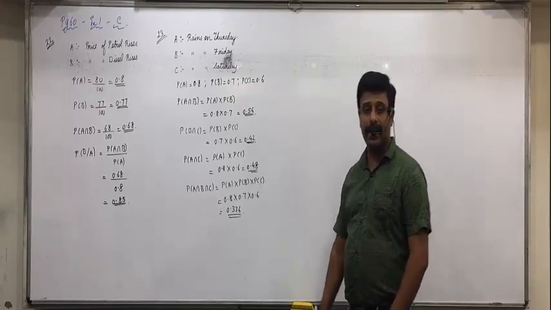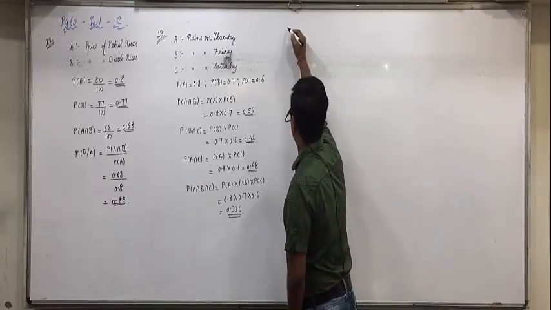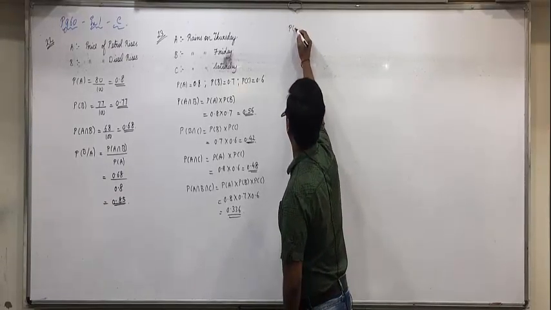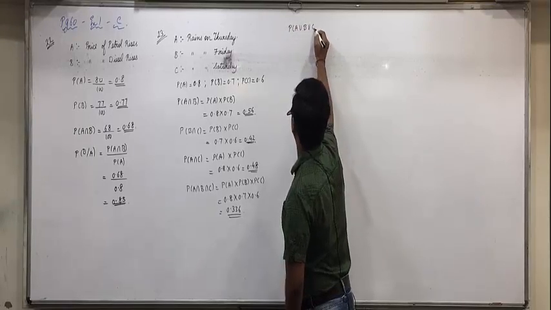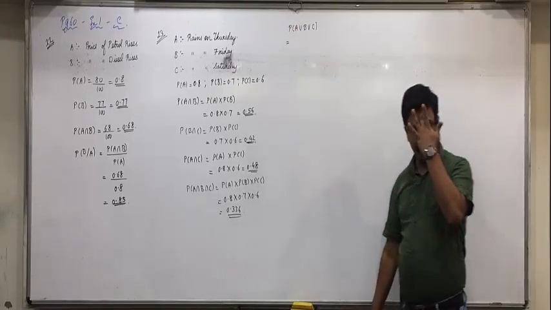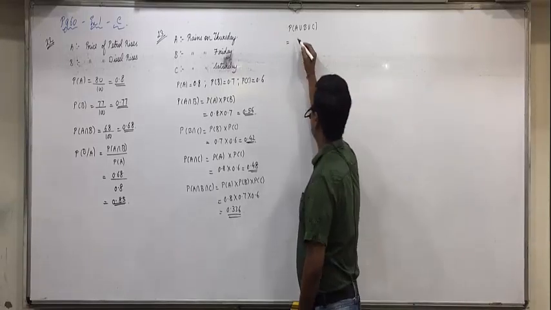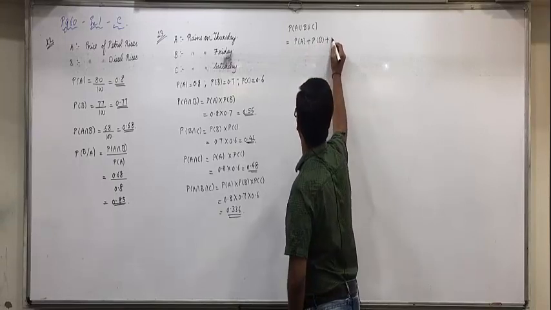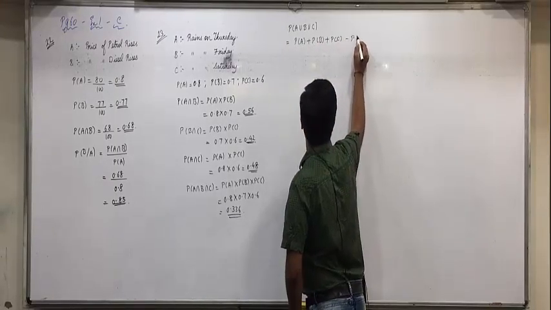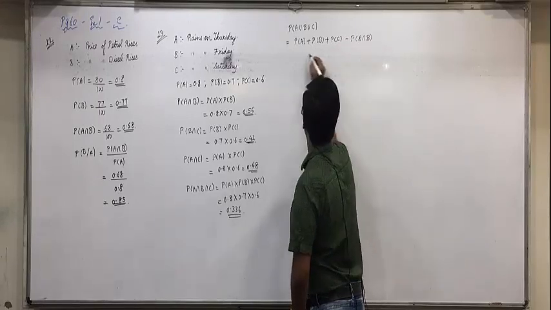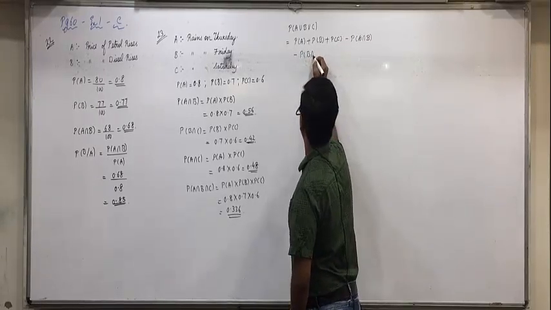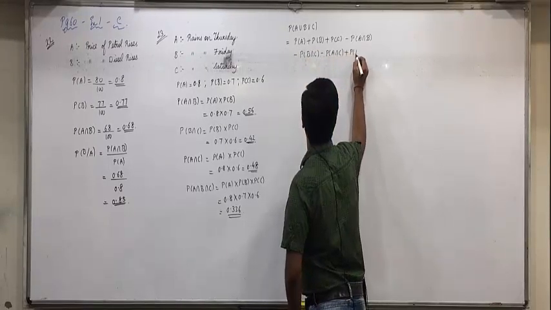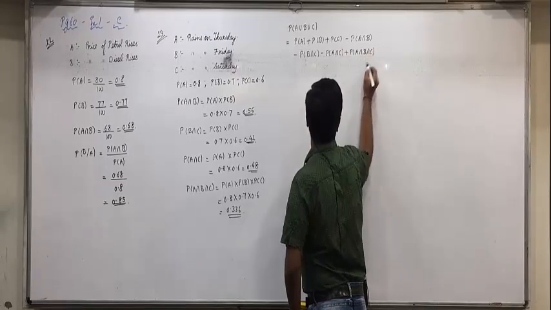Thus the probability that it rains on at least one of the 3 days is equal to P(A union B union C), which is P(A) plus P(B) plus P(C) minus P(A intersection B) minus P(B intersection C) minus P(A intersection C) plus P(A intersection B intersection C).